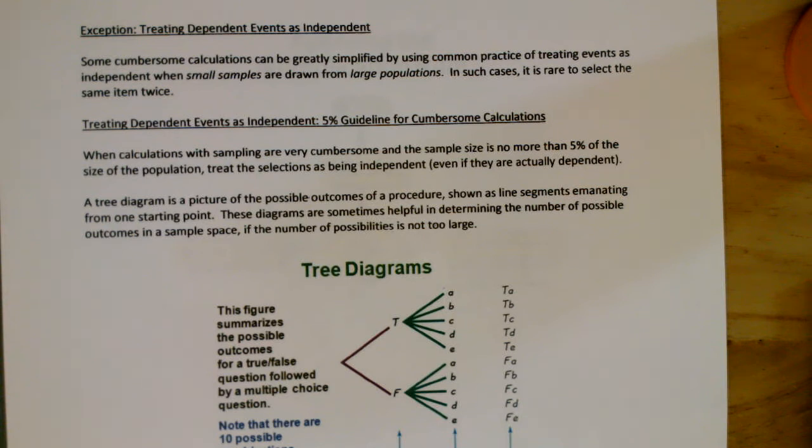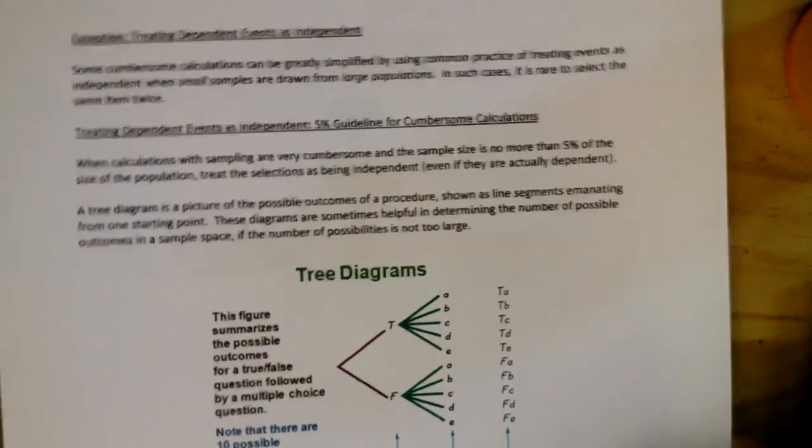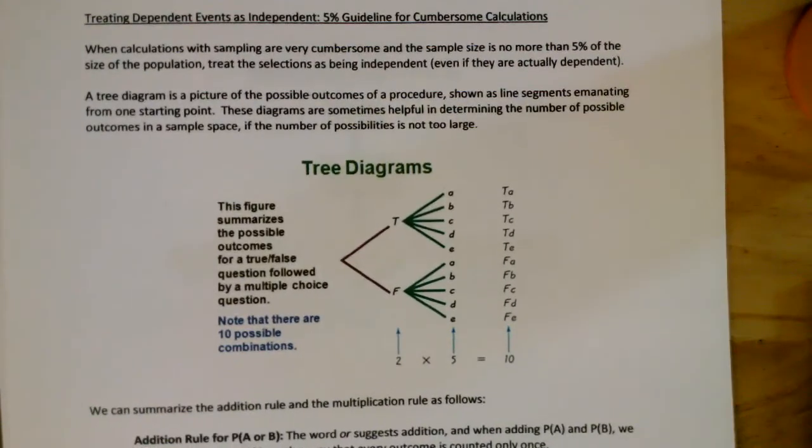Treating dependent events as independent is a 5% guideline for cumbersome calculations. When calculations with sampling are very cumbersome and the sample size is no more than 5% of the size of the population, treat the selections as being independent, even if they are actually dependent.